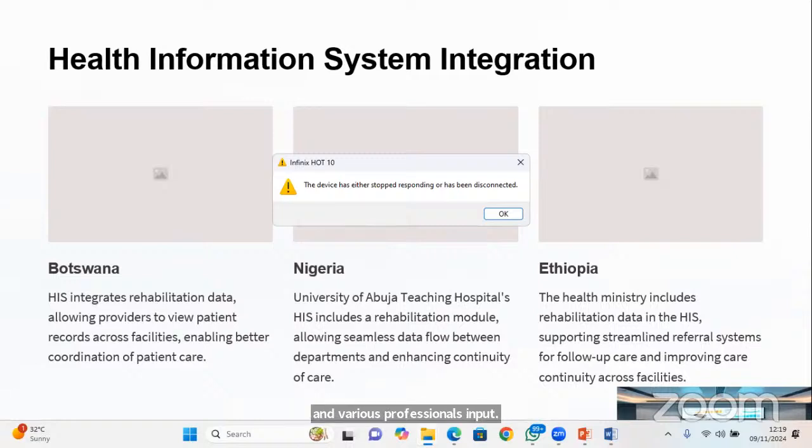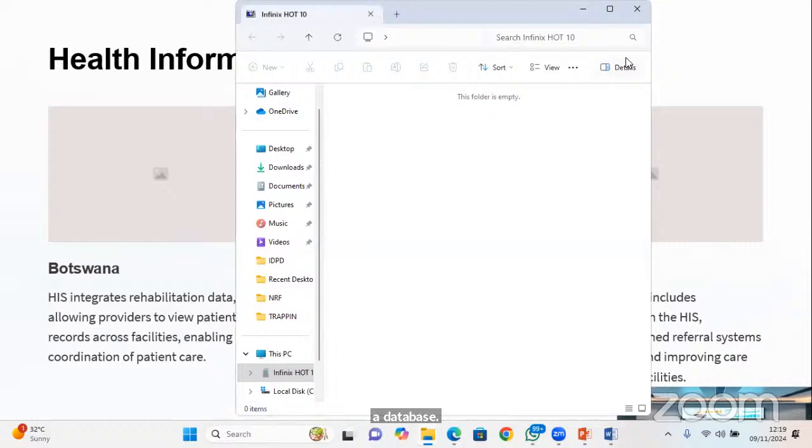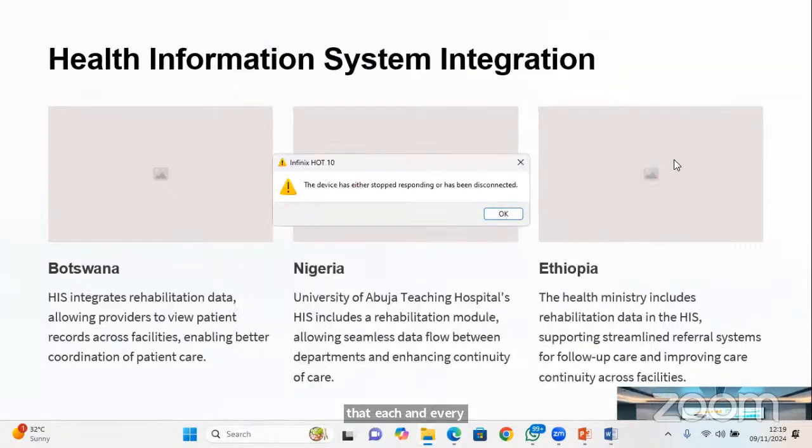It helps in smooth follow-up of care, improvement of care, as well as continuity across facilities, because it is a national database that each and every facility and each and every professional can access.